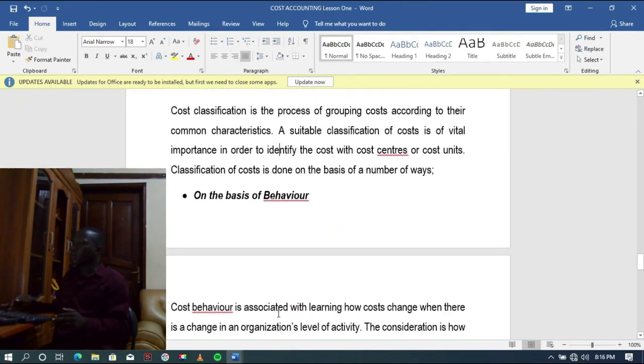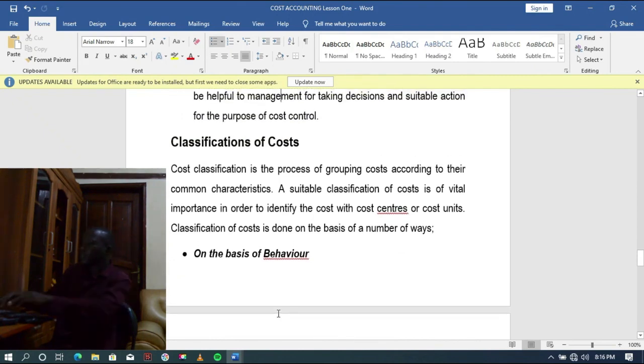So costs can be classified in different ways. Cost classification is basically all about grouping of costs according to their common characteristics. A suitable classification of costs is of vital importance in order to identify the cost with cost centers or cost units.